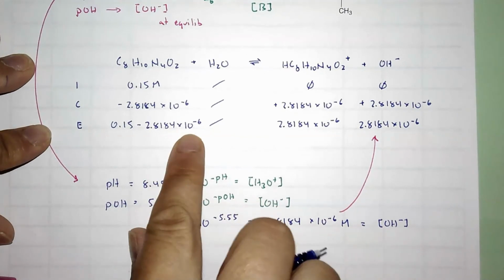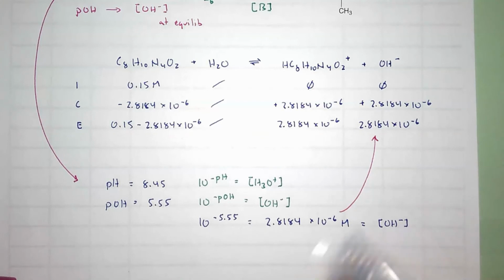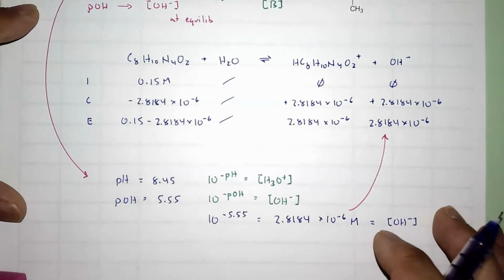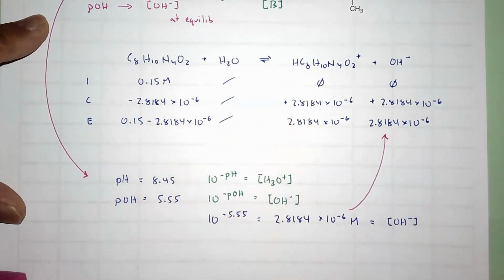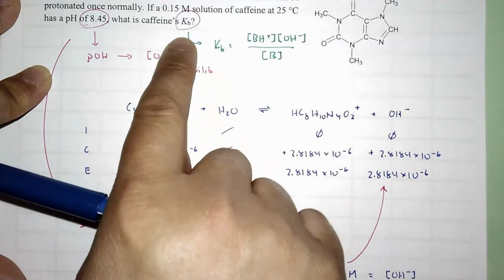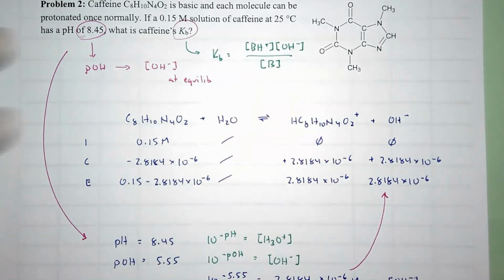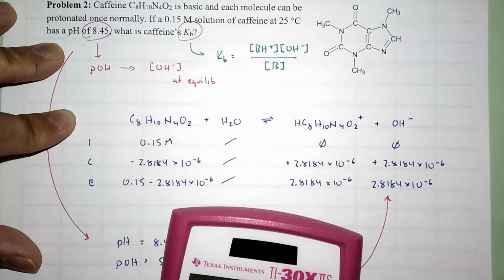It's very tiny, but we don't have an x to solve, so we're not doing the x is small approximation. There's no need to. We know what x is. Now, we know that Kb, which is what we want to look for, has this expression. How can I do that without losing this number?